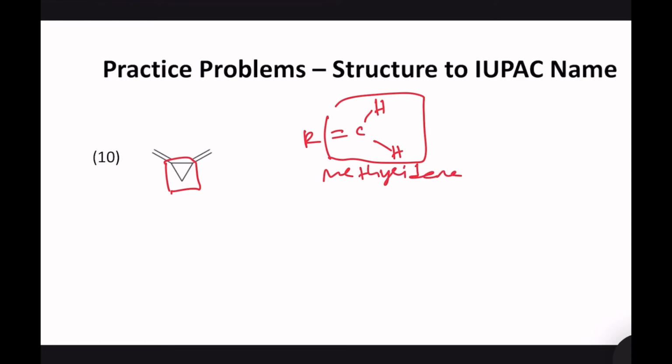So, we have 2 methylidene units attached to the cyclopropane ring, and therefore, the correct IUPAC name for this molecule is 1,2-dimethylidenecyclopropane. That is the correct IUPAC name for this molecule.